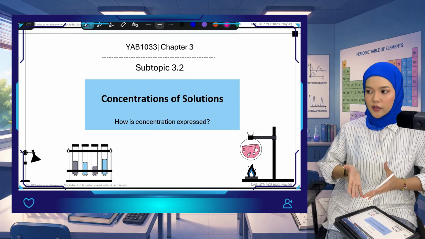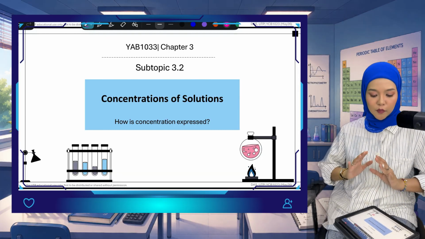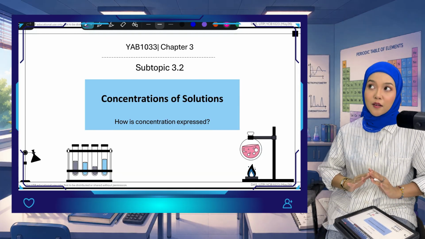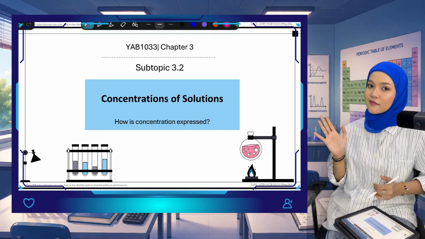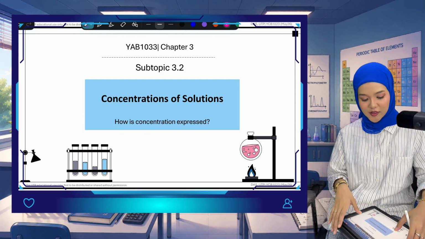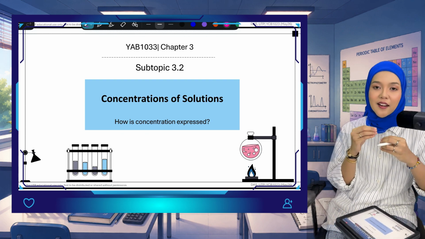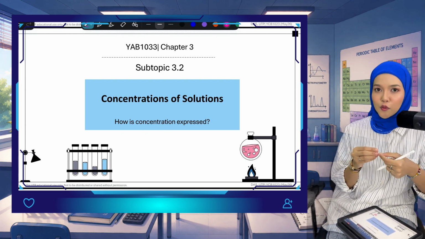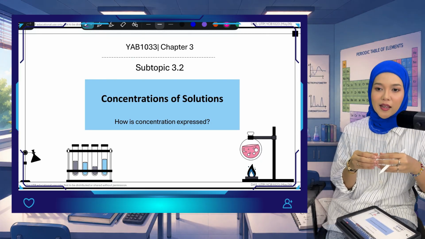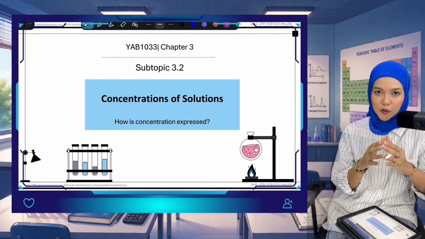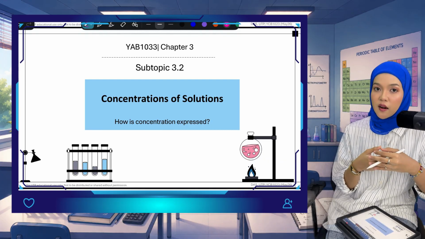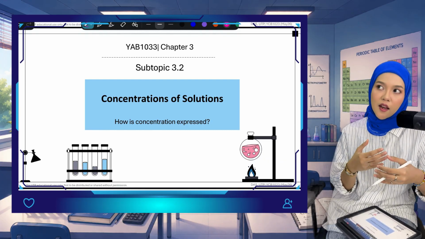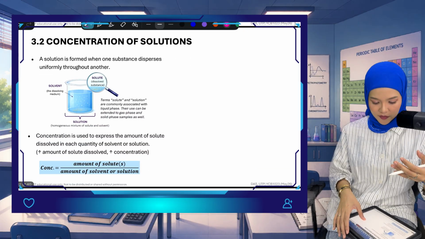Maybe you want to take a deep breath, and then we are going to go to part 3.2. Are we good? In analytical chemistry, you are going to deal a lot with solutions, especially liquid solutions, so you need to know how concentrations are expressed.